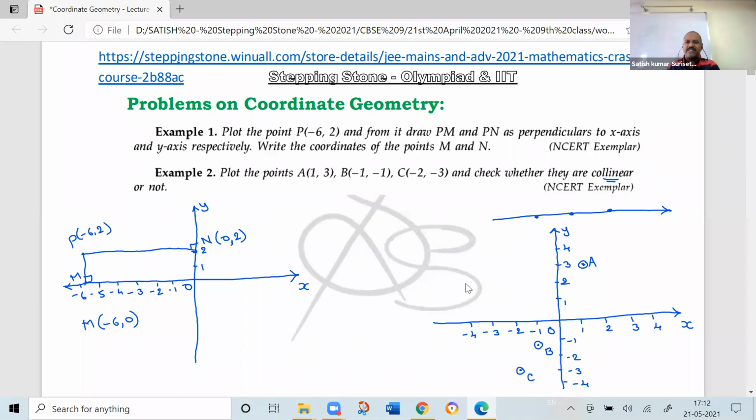Now join these 3 points and check whether they lie on a straight line or not. Take a scale and try to draw. Tell me, are the points collinear or not? Are you getting a straight line?